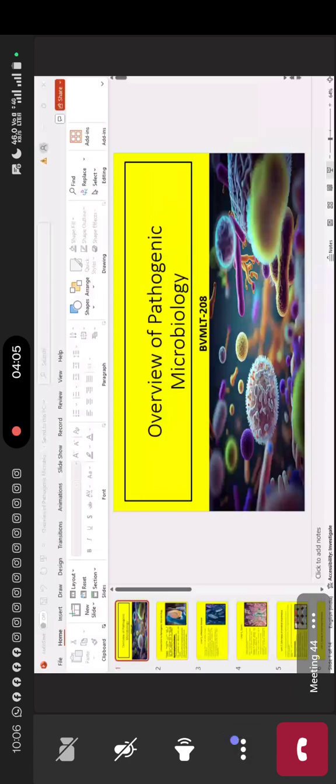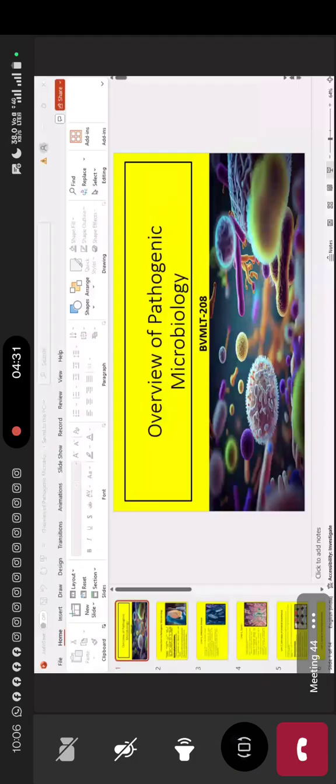To understand how infections occur and spread, what the routes of transmission of infections are, and after coming into our body, what route the pathogen takes to infect our cells. So to understand how infection spreads and how infection progresses, we need pathogenic microbiology.